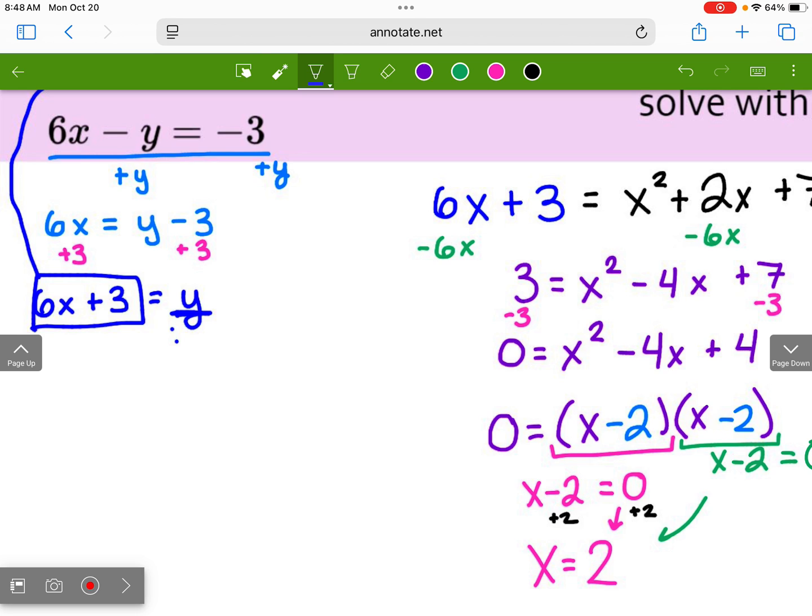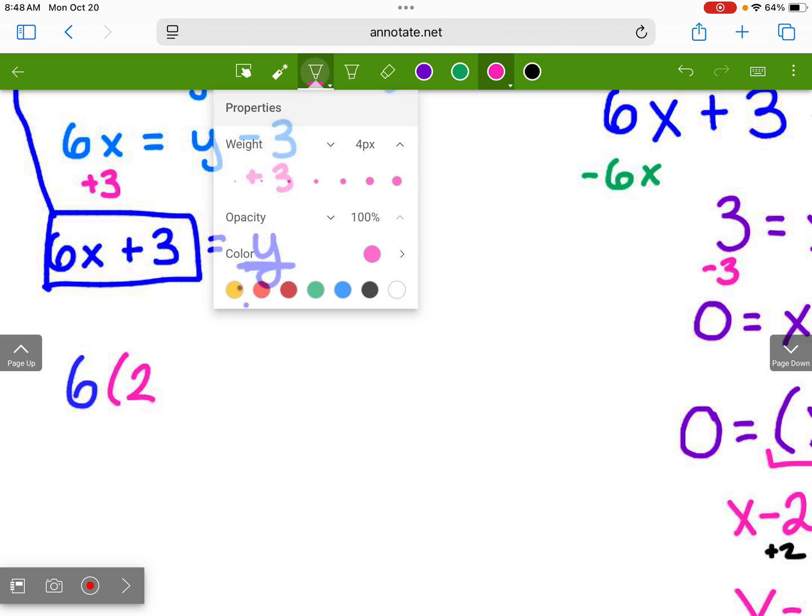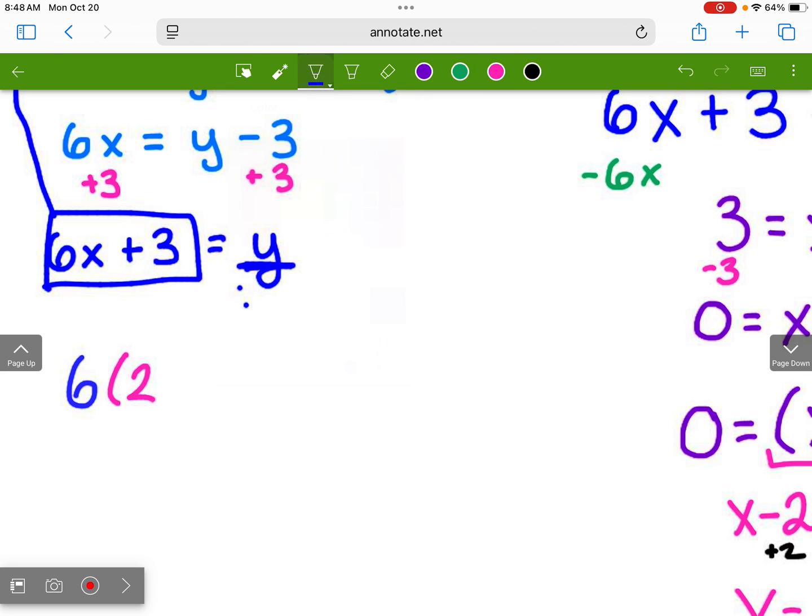y equals 6x plus 3. So that means our 6 times that x of 2 plus 3 equals our y. Substituting that 2 in for our x. So what is our y?